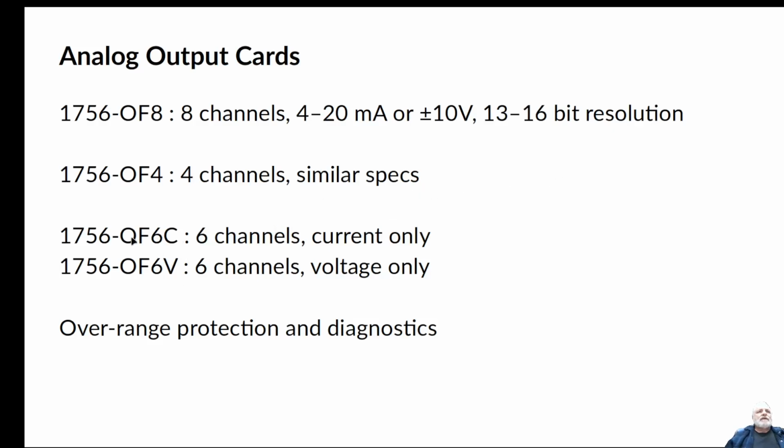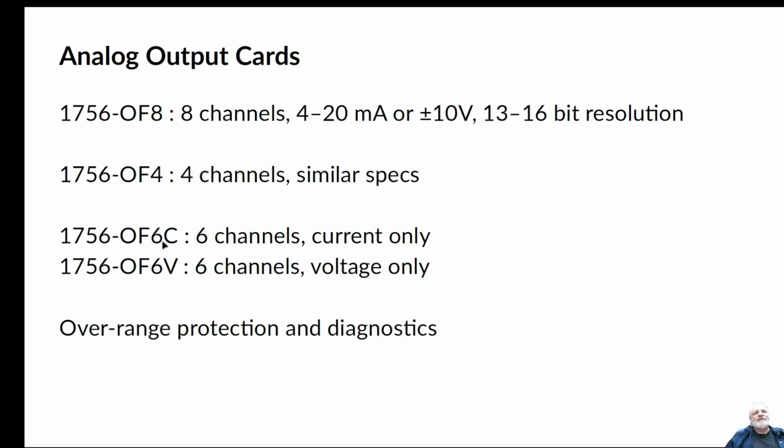Our output card, the one that we have, is the OF6C. So this means that it has 6 outputs, and the C means that it only outputs current. There's like this OF8 card up here, which, depending on how you wire it, could either output a current or a voltage, but we don't have those.